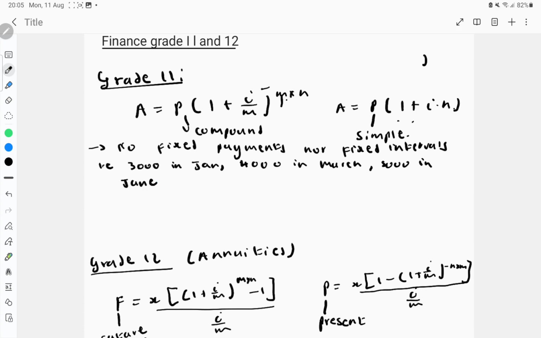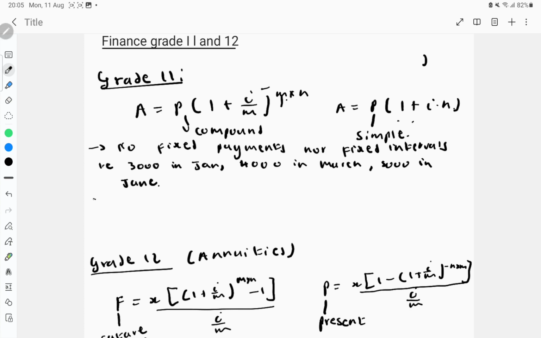If you check the spaces between the months, they are not constant, and the values are also not constant. Here they are changing, where you have 3,000, 4,000, and 5,000, while in the grade 12 ones it has to be one value over and over again, and also the interval between the periods where you put in your values has to be the same.